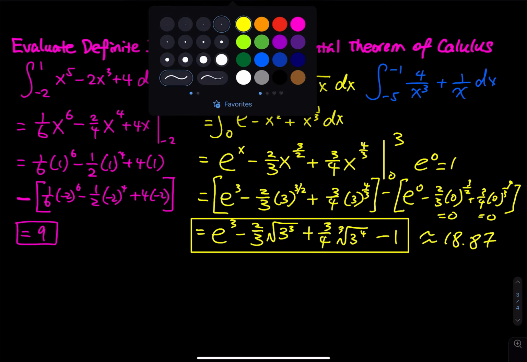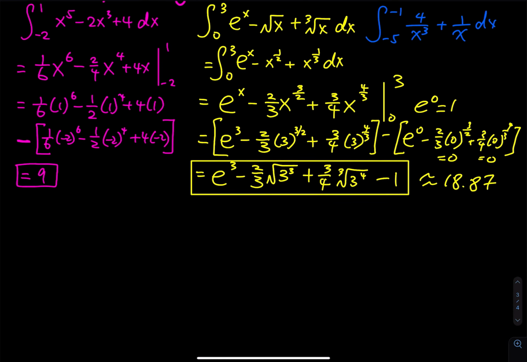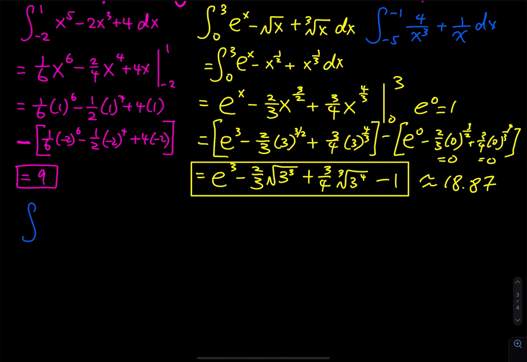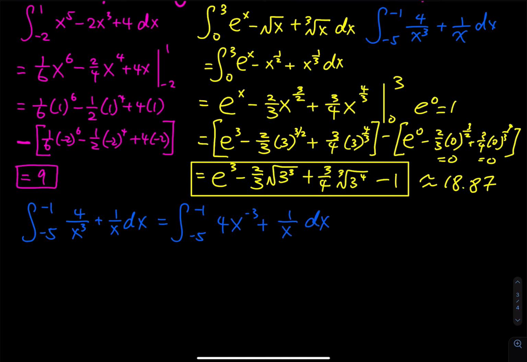The last one, we have the integral from -5 to -1 of 4 over x to the third plus 1 over x dx. Okay, so this is the integral from -5 to -1 of 4x to the -3, and then plus 1 over x. The integral of 1 over x is ln, right?